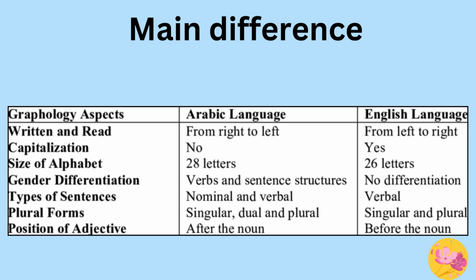Then types of sentences. In Arabic, there are two types, nominal and verbal. In English, there is only one type of sentence, that is verbal. Now, plural forms. In Arabic, there are three types: singular, dual, and plural. In English, there are only two that we know, singular and plural.